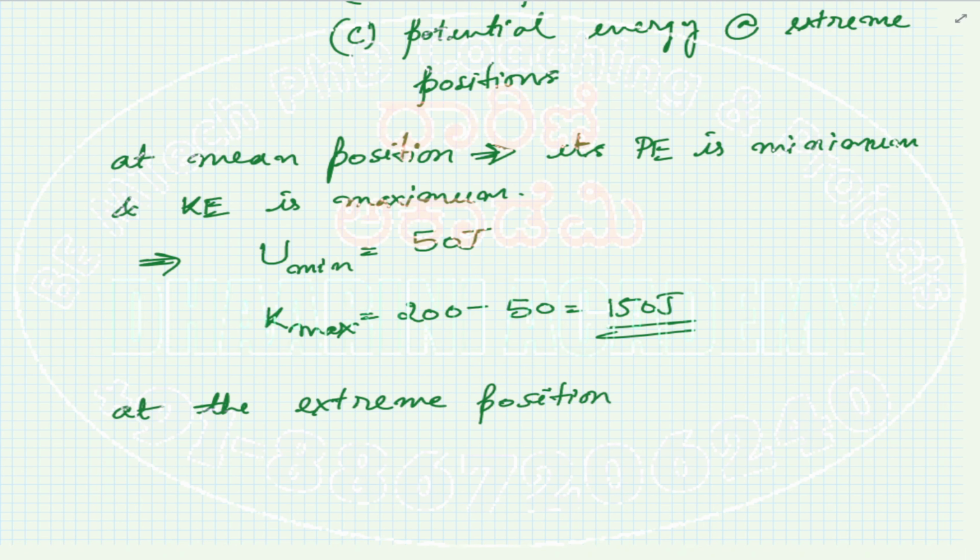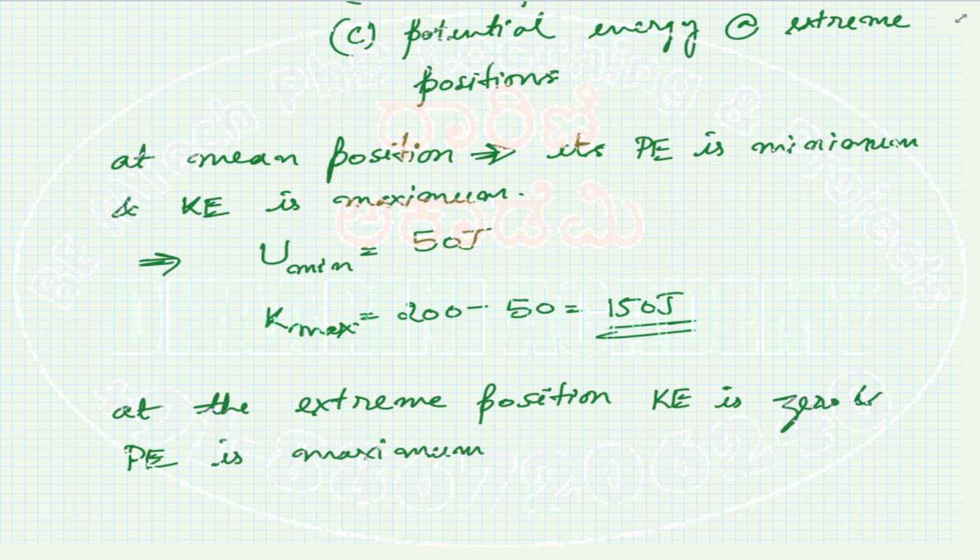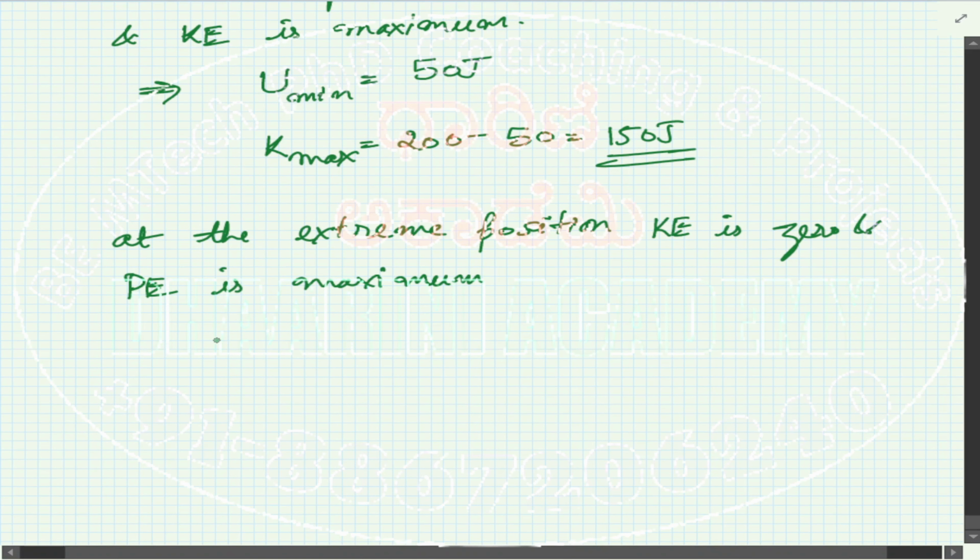So at that extreme position, we know that the kinetic energy is 0 and the potential energy is maximum. So this means we have only U max at that. So U max is nothing but the energy itself, that is given as 200. So 200 joules of potential energy we can see at the extreme condition. So whatever they have asked, we solve it.